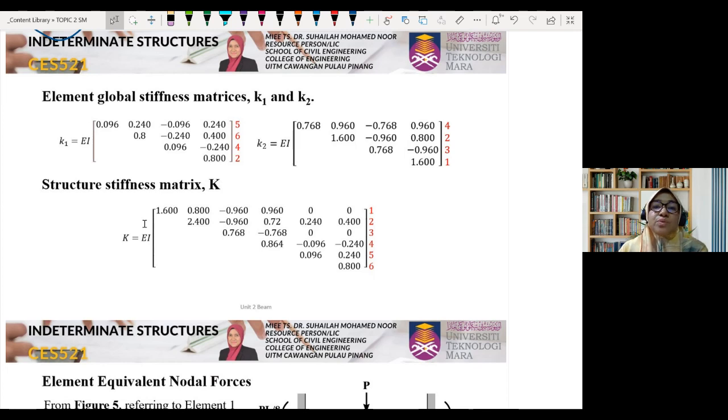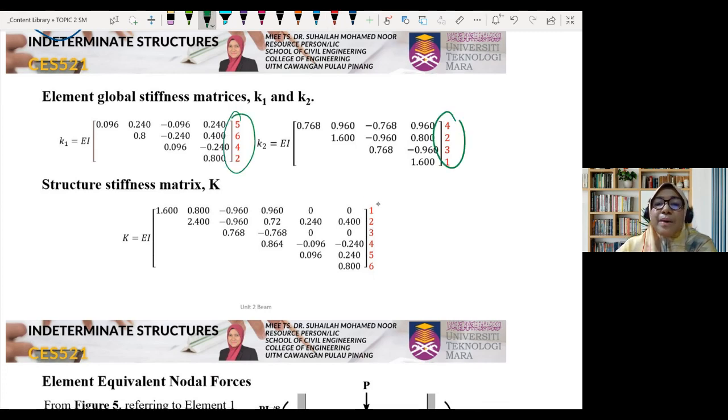So we have to refer to the formula given in the appendix, and in terms of EI, we have the stiffness matrix like this. The most important part is how we label this.